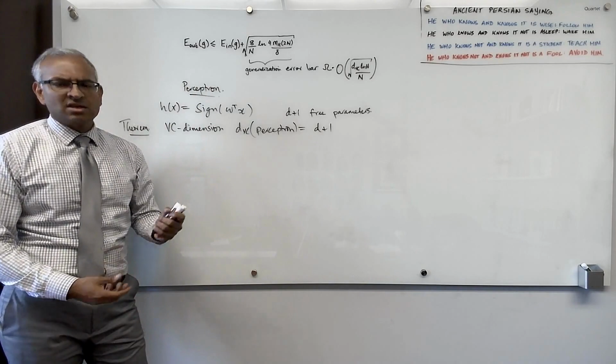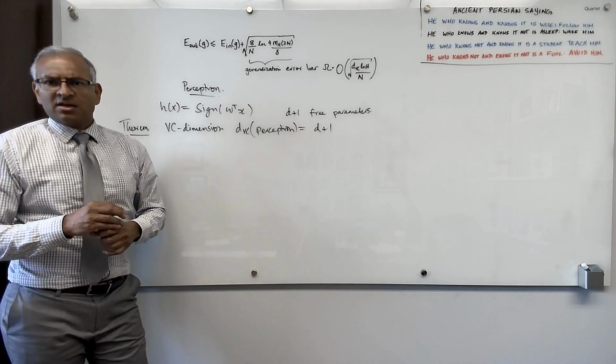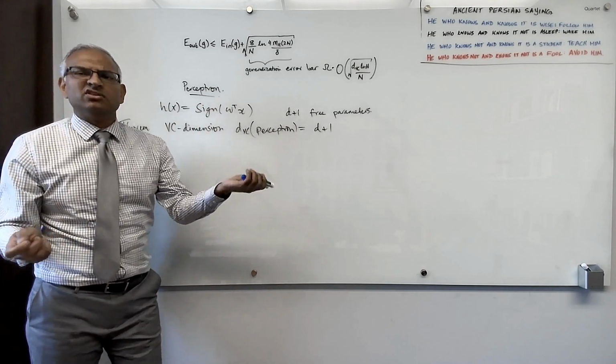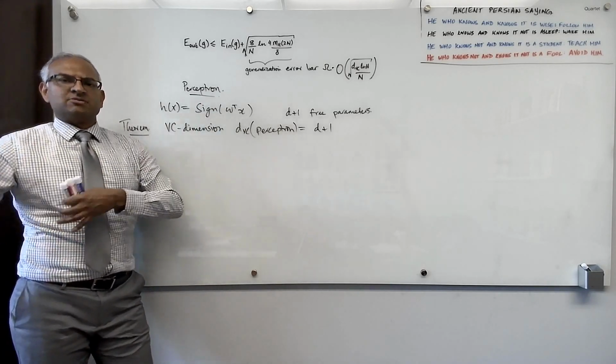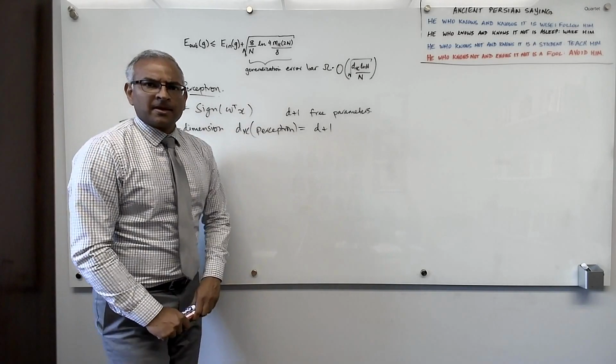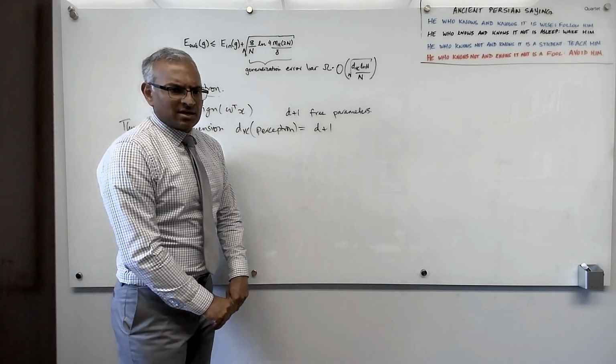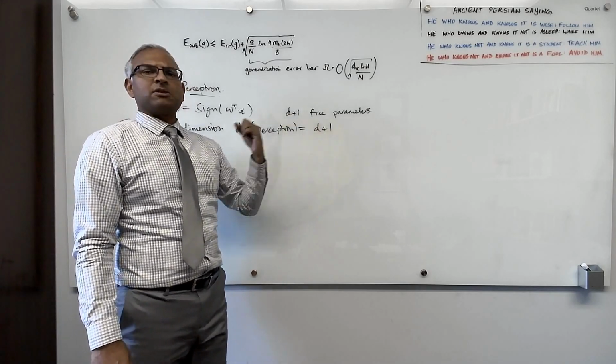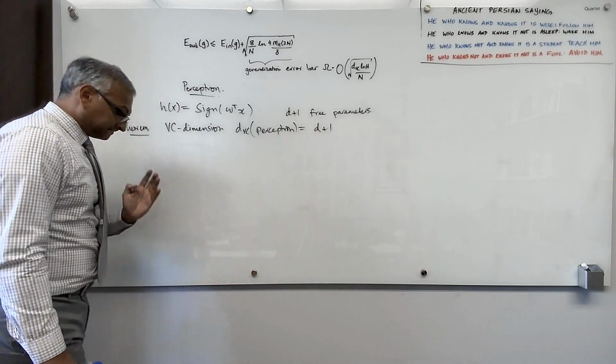Because if you have any non-trivial hypothesis set, it's going to have at least d parameters that you need to specify in order to specify its behavior in each dimension. So you can't really get away with less than a complexity of d, and the perceptron achieves this d plus 1 complexity.